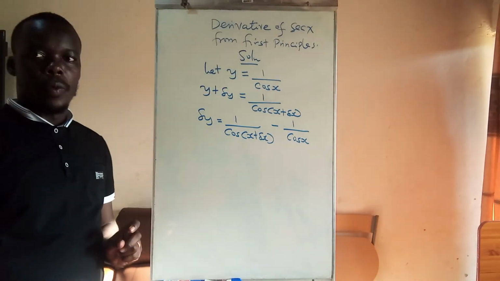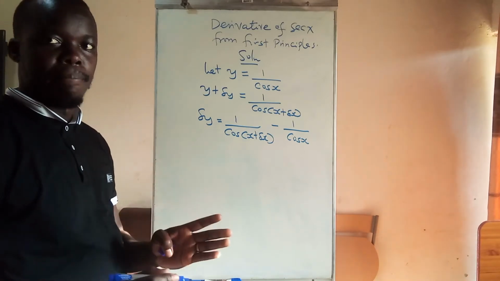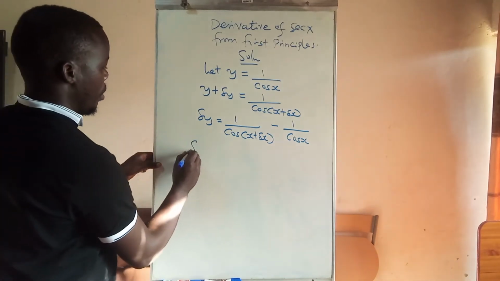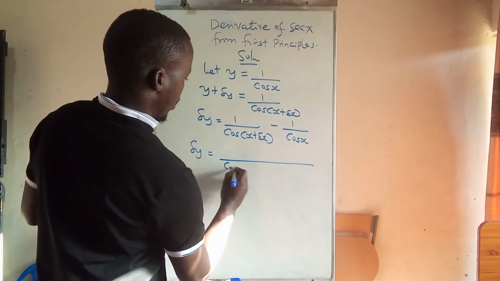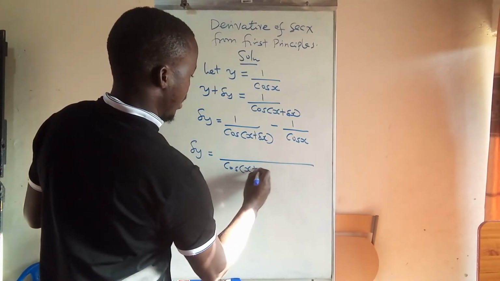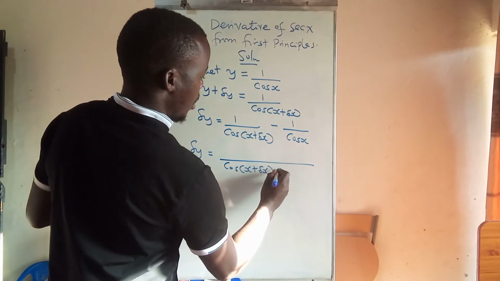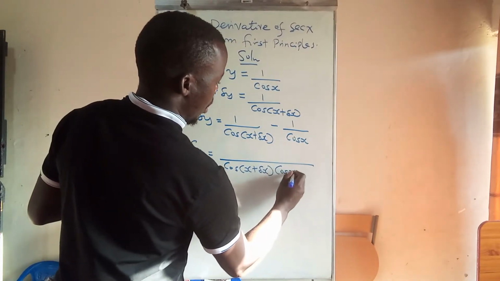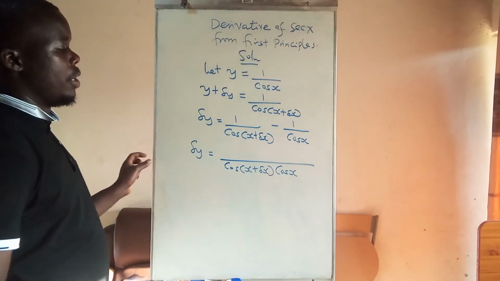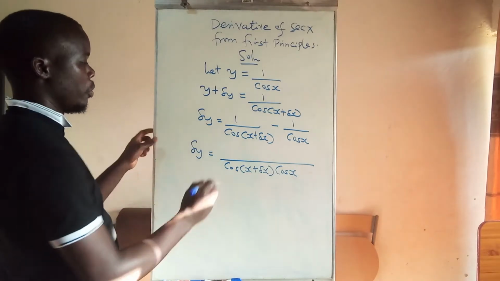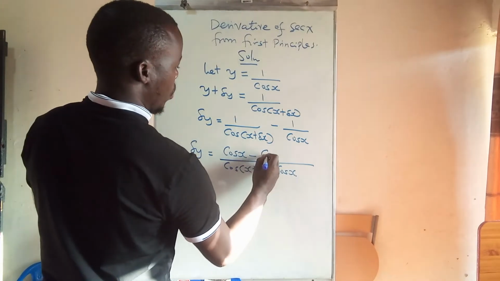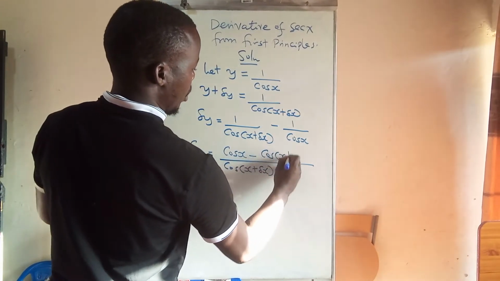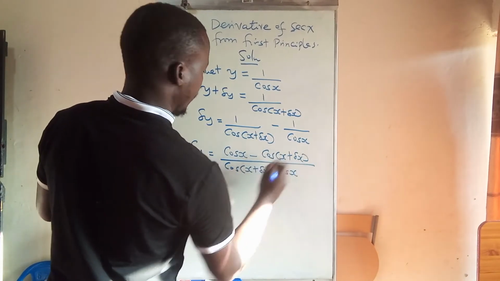Now from this level we're going to look for the LCM, and the LCM is going to be the product of cos of x plus delta x and cos x. And if this is the LCM, it means on the numerator we shall have cos x minus cos of x plus delta x.